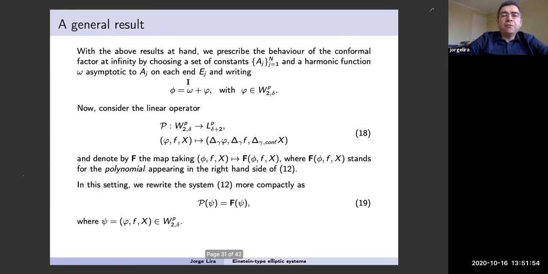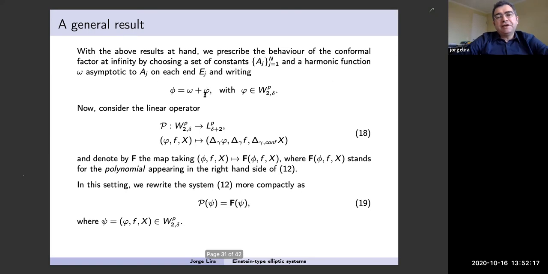So then this omega appears here as being the harmonic part of this conformal factor. Remember that phi is the conformal factor you are searching for. Omega is given by that lemma, so there is a possibility of finding that omega. So the equation reduces to finding this phi, which is, say, the non-harmonic component of phi.